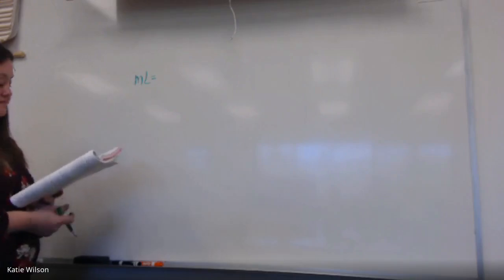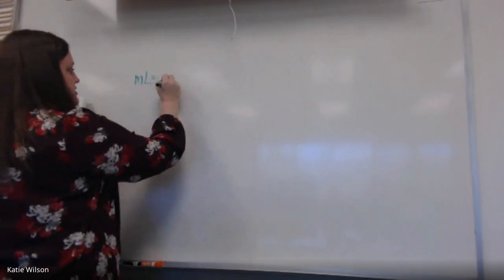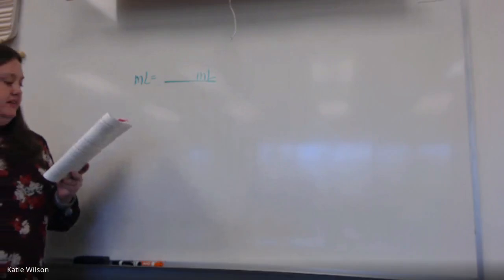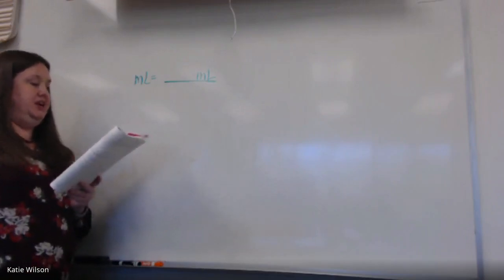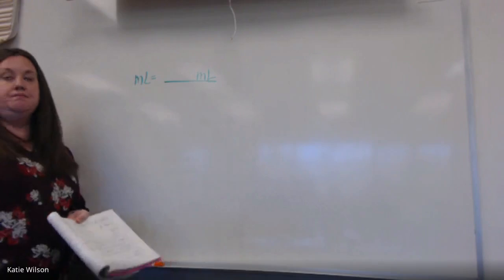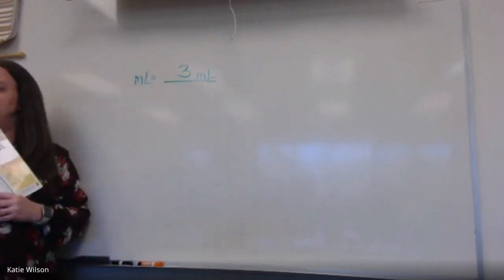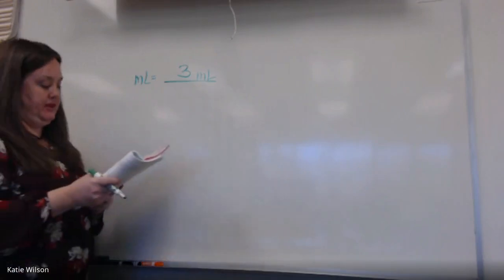Okay, so we know we're looking for how many milliliters that we're going to administer in that syringe. Okay, so they tell us that we have a 3 milliliter vial, right? So what's contained within that 3 milliliter vial for a concentration? 300 milligrams.